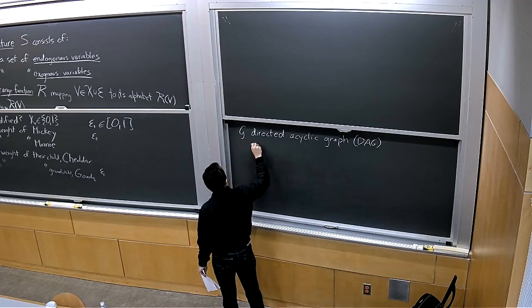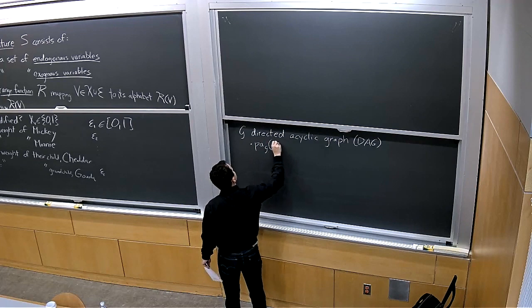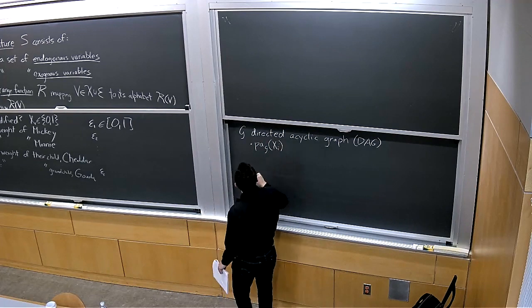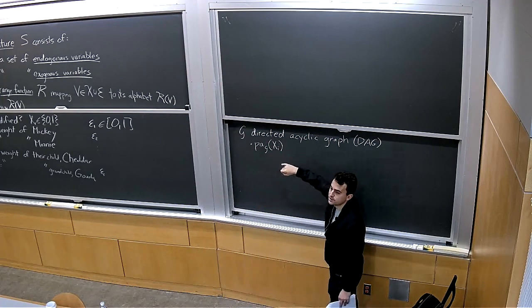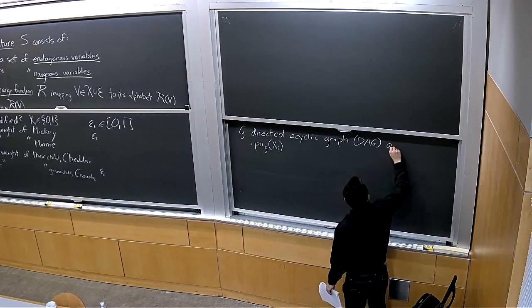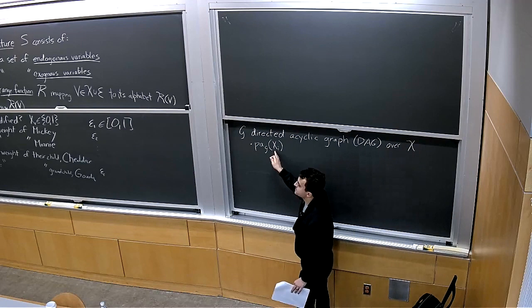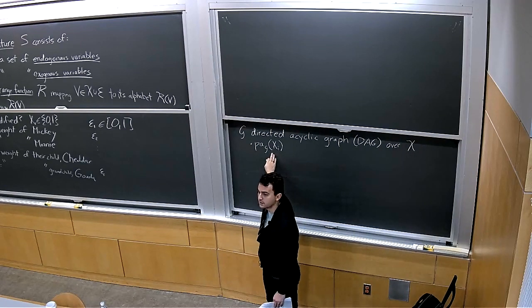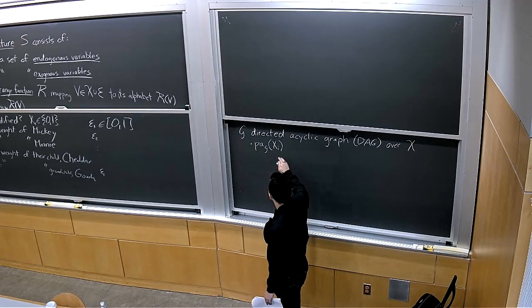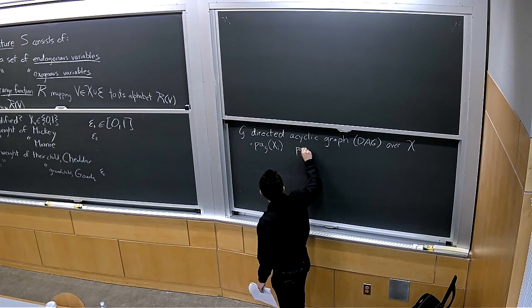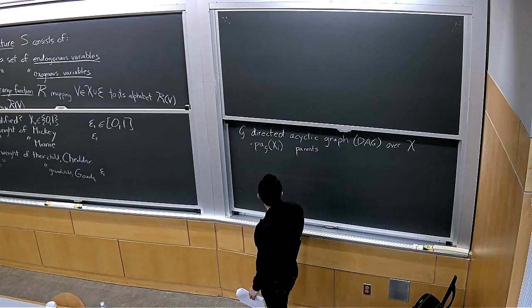Then some of my standard terminology is going to be things like the parents. So let's say this is also over these nodes, calligraphic X, say xi is one of the nodes in this graph. This is going to be the parents. So these are just things with an arrow directly into xi.